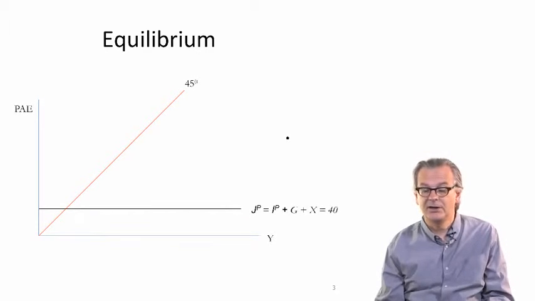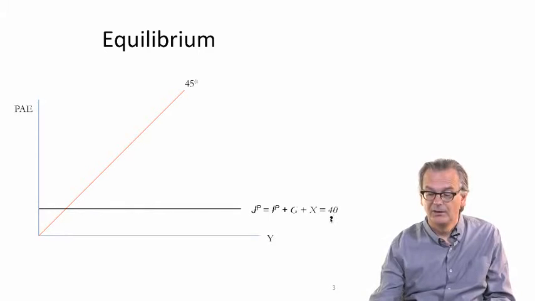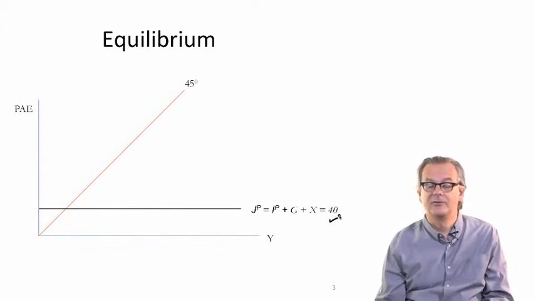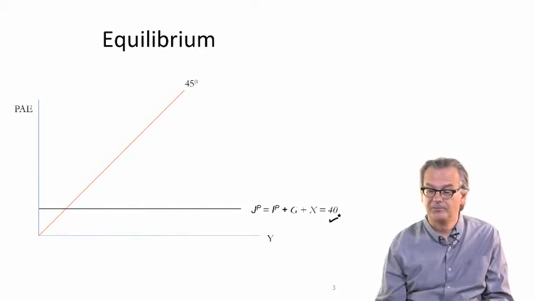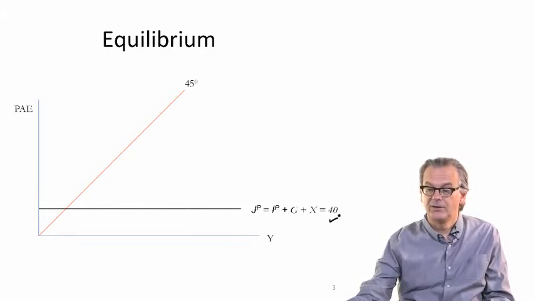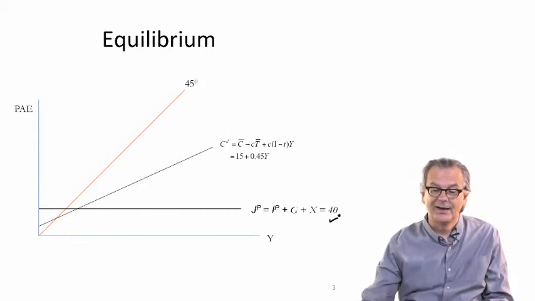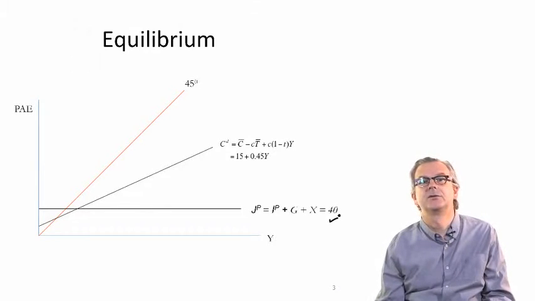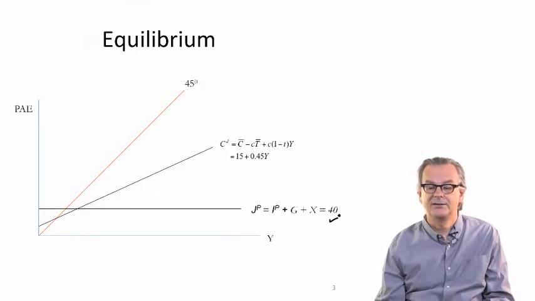Using the numbers in the table that we've been working with, the economy's planned injections will have a numerical value of 40. The next component of planned aggregate expenditure relates to households, and households' expenditure plans are summarised in the consumption function.